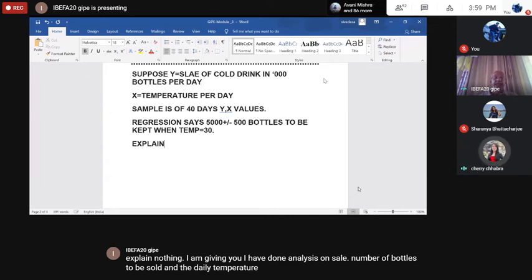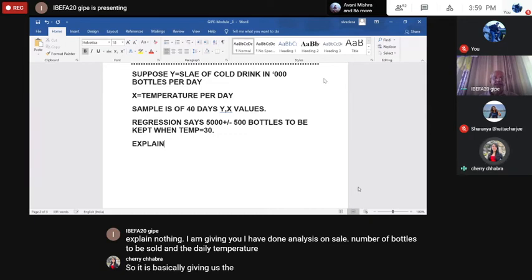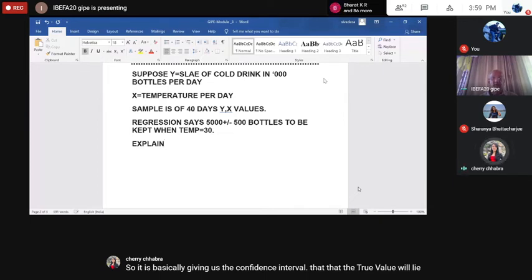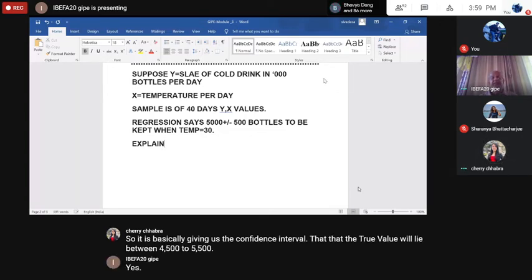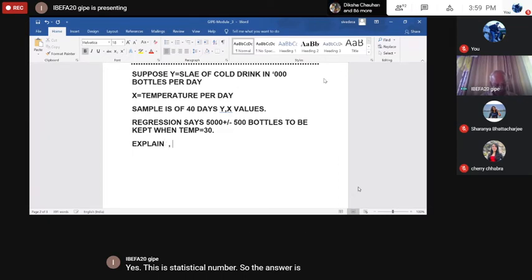Sir, it is basically giving us the confidence interval that the true value will lie between 4,500 and 5,500. Yes. This is a statistical number. So the answer is 4,500 to 5,500.